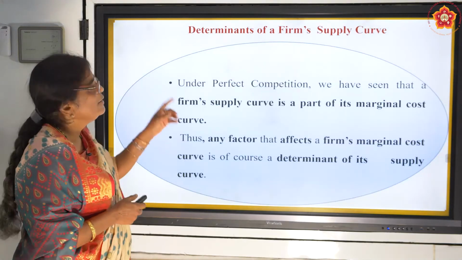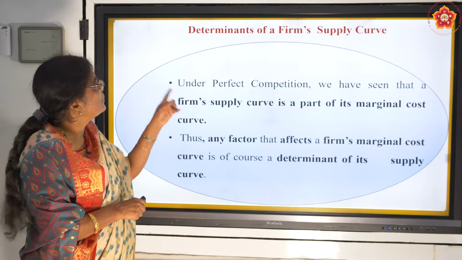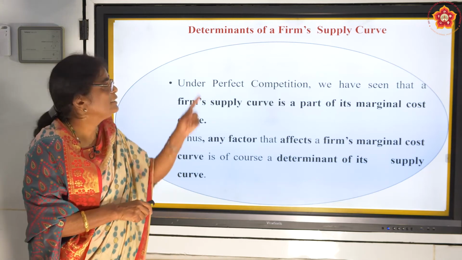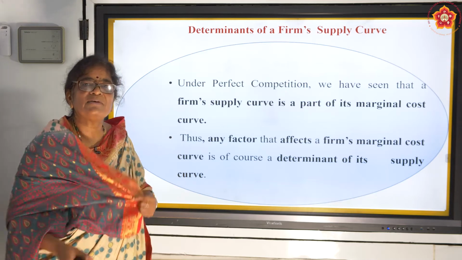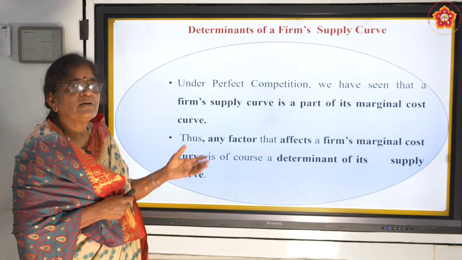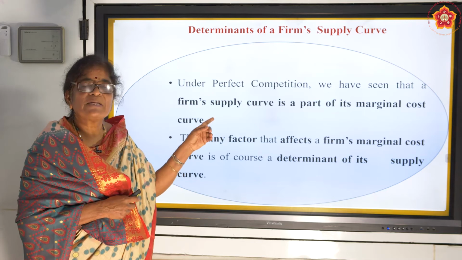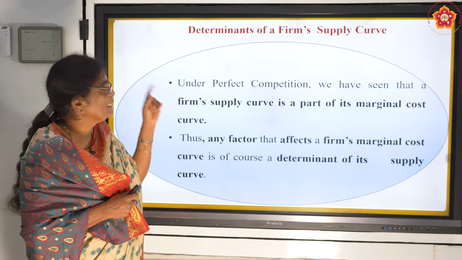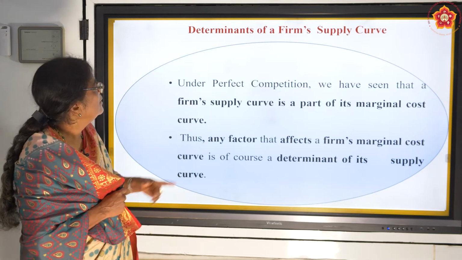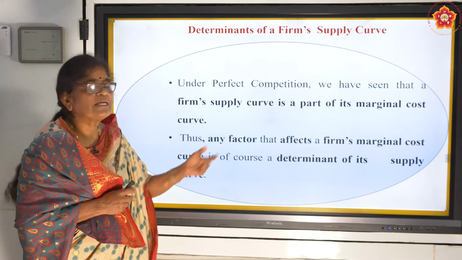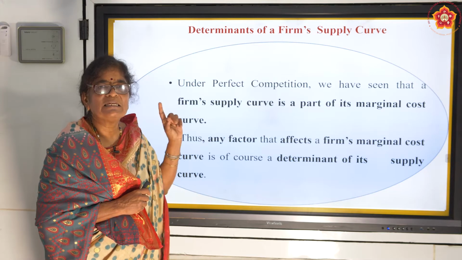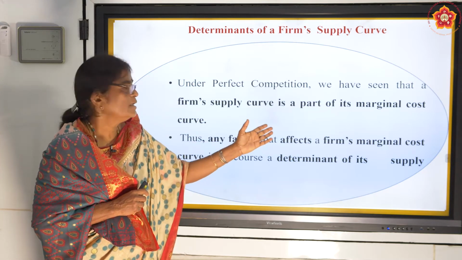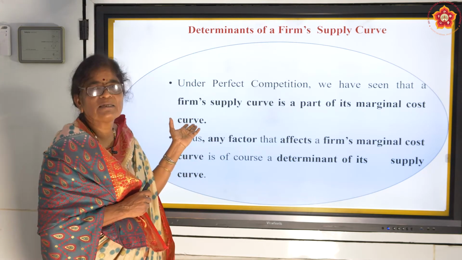The next topic for today is determinants of a firm's supply curve. We know what a firm's supply curve is, for a firm operating under a perfectly competitive market structure. This is a peculiar situation under perfect competition: the supply curve is nothing but a part of its marginal cost curve.